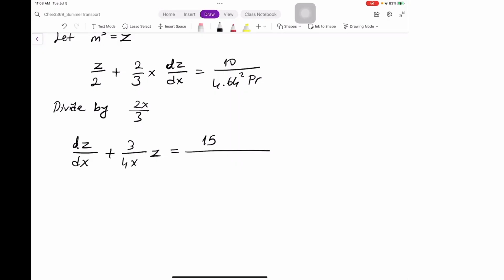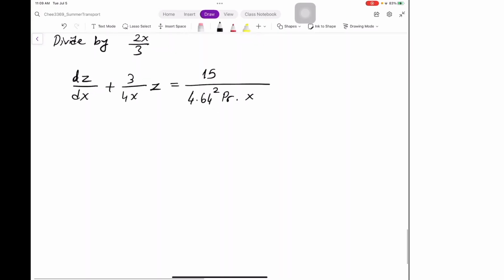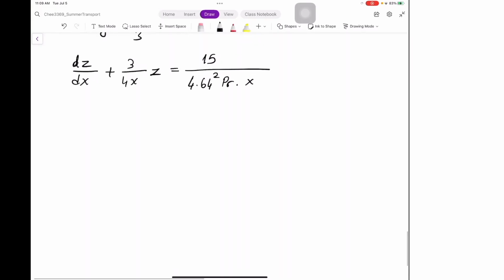So we can have 4.64 squared Prandtl, and you have x in the denominator because we divided by 2x over 3. Okay. So you might have seen this from your differential equations, or maybe analytical methods course, or maybe calculus 3.